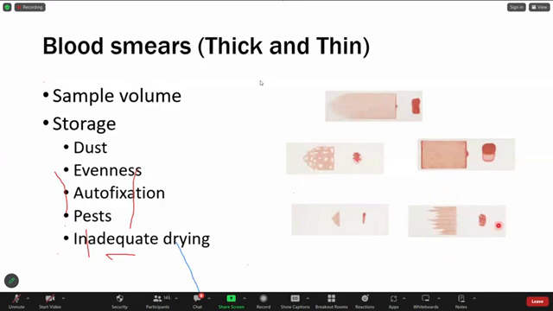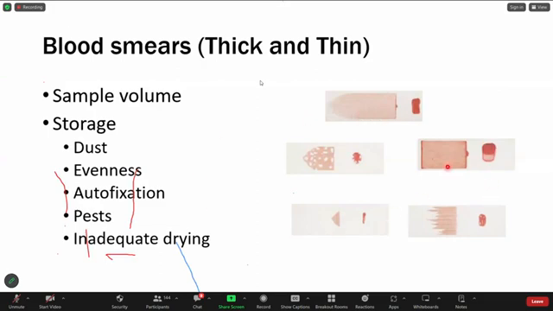Then this last one in the lower right corner was made with a chipped spreader. That's why the thin film appeared feathery. And when I bring it back to this thick film here, the thick film was not evenly dried. That's why blood tended to move to one side.